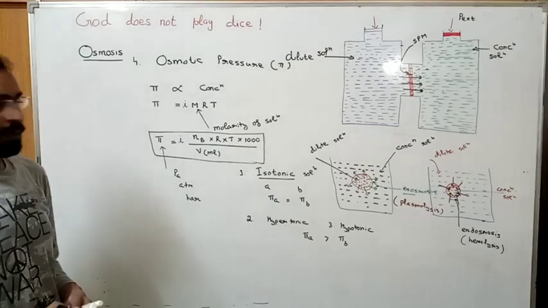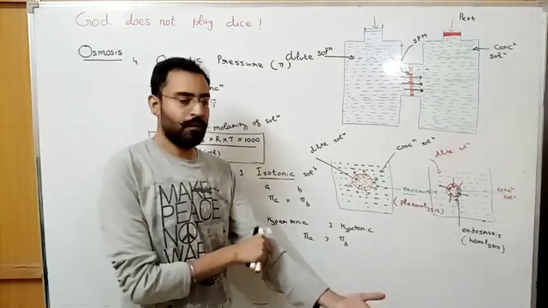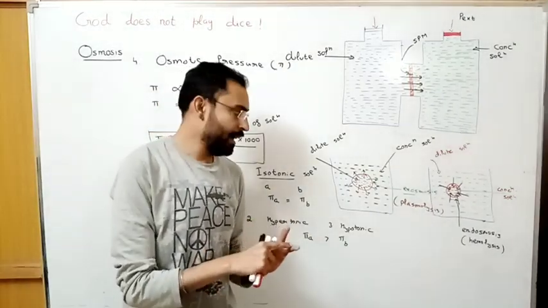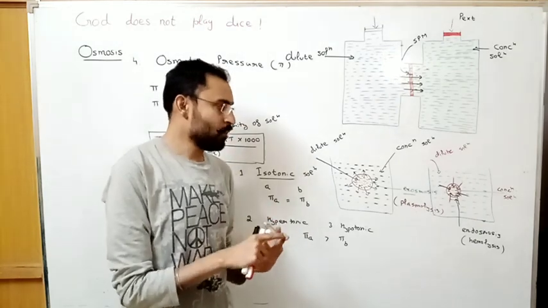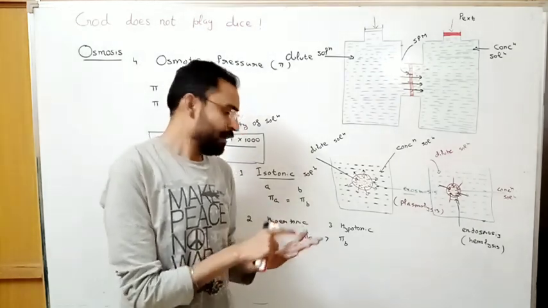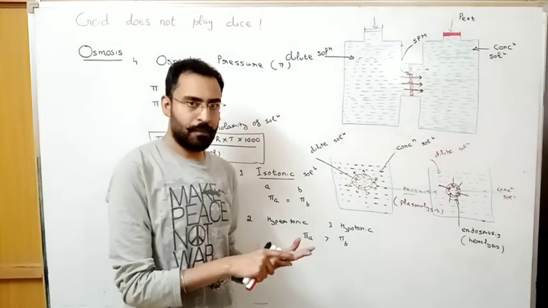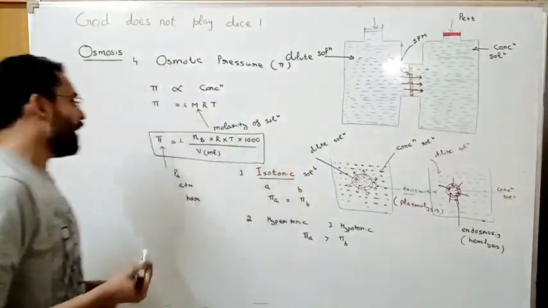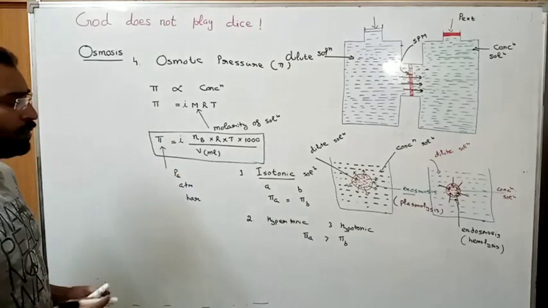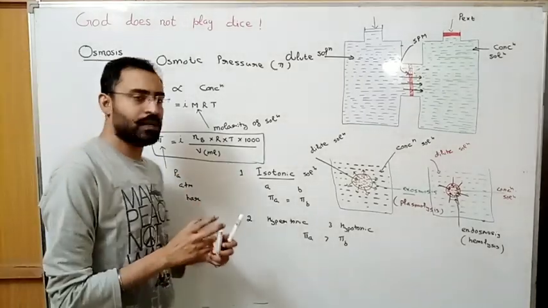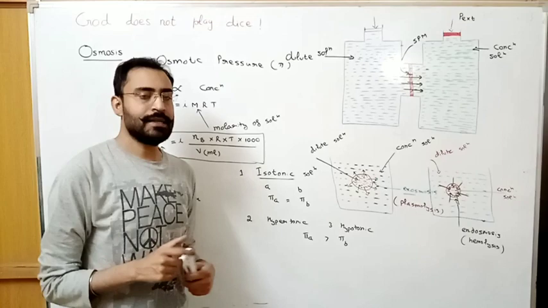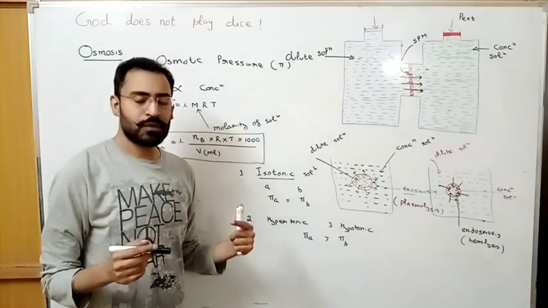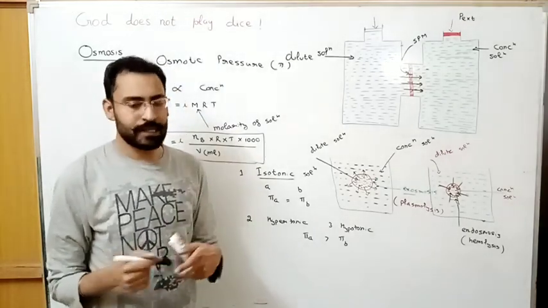Okay students, are the terms clear? I am saying again: exosmosis, endosmosis, plasmolysis, hemolysis, hypertonic, hypotonic, last is isotonic. In isotonic, look, two solutions which have same osmotic pressure are known as isotonic solutions.